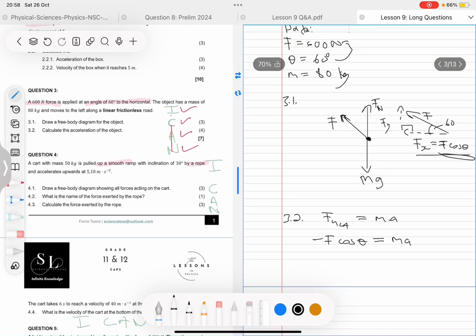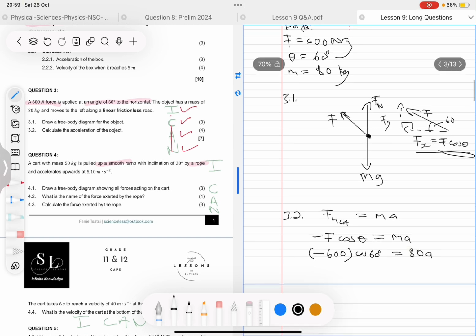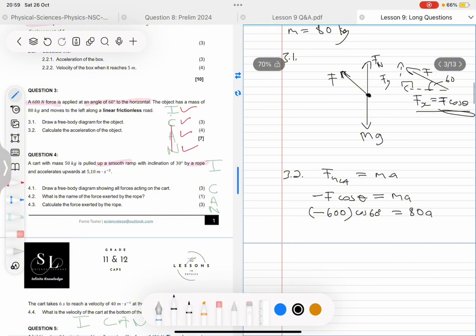Now I'll substitute at this stage so that I have 600 here, the cos of 60, because our angle is 60 degrees and the mass is 80 kg, so we'll have 80a. Now at this stage, I will divide both sides by 80 so that I'm only left with the a, because the 80 and 80 will cancel on the right hand side.